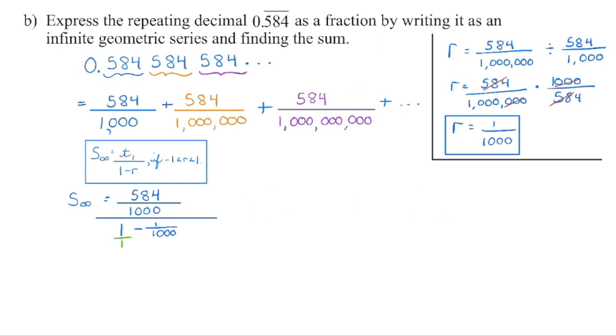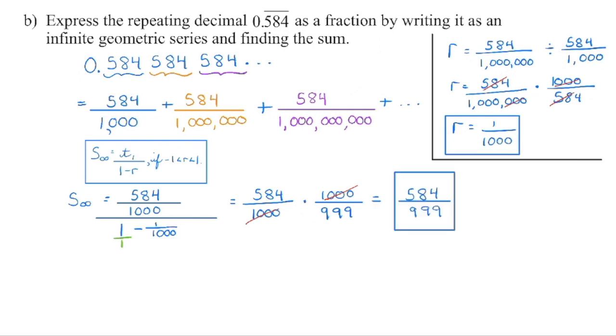So 1,000 minus 1 will give me 999. The denominator is going to stay the same. And then this division changes to multiplication. I'm going to reciprocate that denominator, and we're going to end up with this. The 1,000ths will cancel, and that leaves us with 584 over 999. You know that this is a repeating decimal equivalent to this.